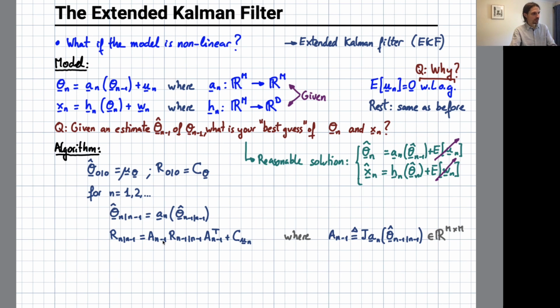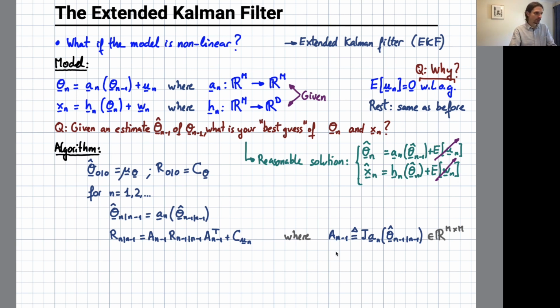We see here, in the past we had the transition matrix, but now there's no transition matrix. So what we put instead is the Jacobian of this function, right? This is the closest thing to a transition matrix. It's the matrix in a first order Taylor approximation.